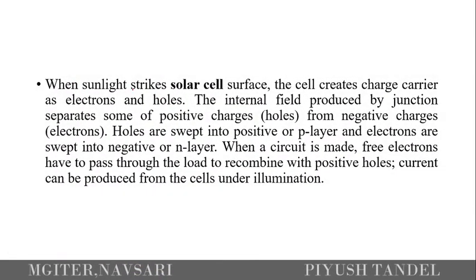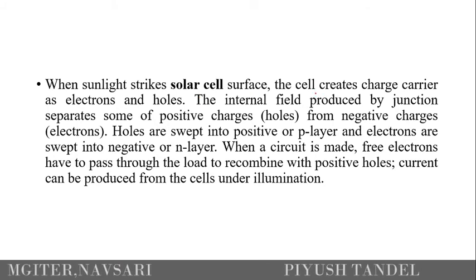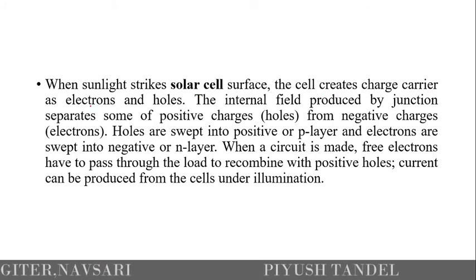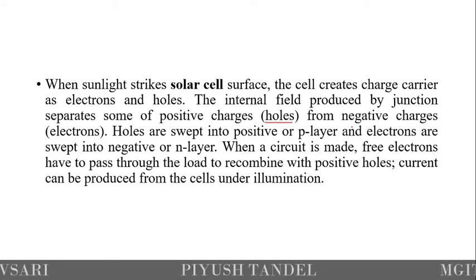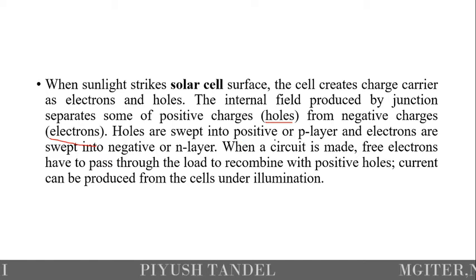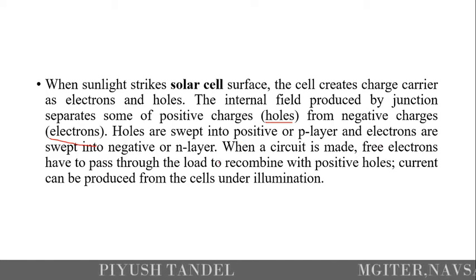Now when sunlight strikes the solar cell surface, the cell creates charge carriers, electrons and holes. The internal field produced by the junction separates the positive charge, the holes, from the negative charge, the electrons. The holes are swept into the positive or P layer and the electrons are swept into the negative or N layer.